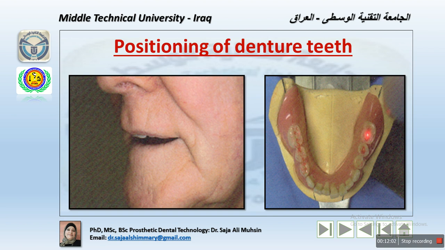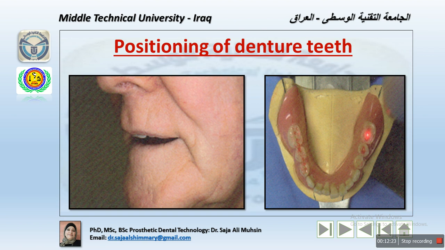what's important about the positioning of the denture teeth? It's not only arranging the teeth in terms of getting mastication and so on. It's also about creating a denture that is aesthetic, retentive, and stable during function. And this is the challenge.